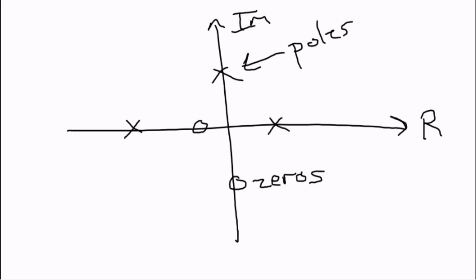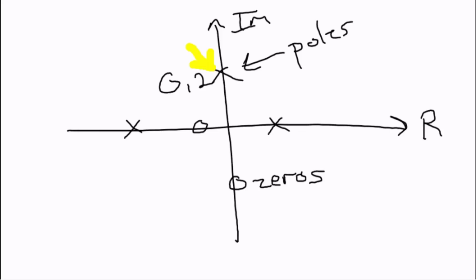So let's say this particular pole is at the point 0, 2. All right, so you're going to have that. Each one of these has a coordinate pair that it corresponds to. All right, let's go back to our slides now.